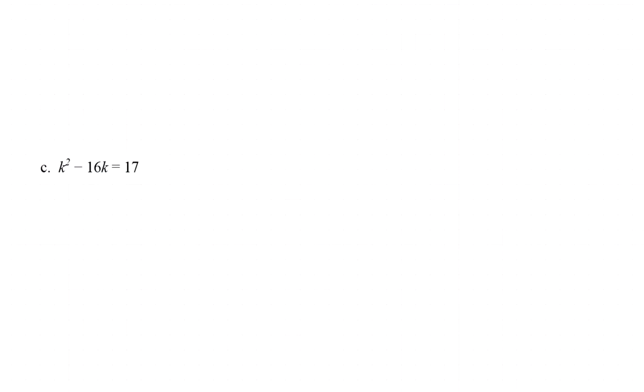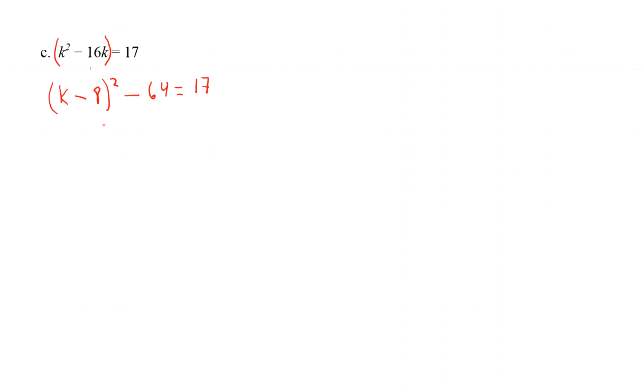Alright, so C and D, they want us to use a different method. They want us to complete the square. So we can keep the equation as is, complete the square on this part, so that would be k minus 8 squared, and then that would be minus 64 equals 17. And then we're solving.